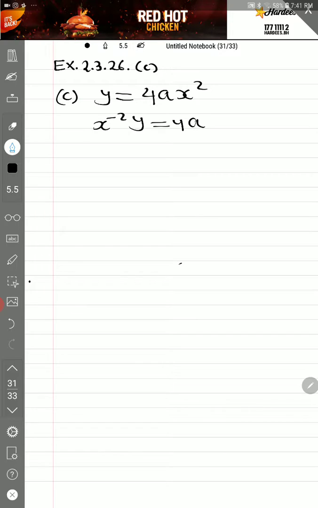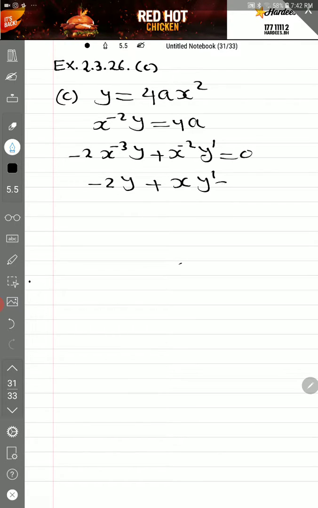Now if you differentiate, you eliminate A. This is the reason why I divide by x squared. Differentiate with respect to x. y prime will be here, and this is 0. Multiply by x cube. So it will be minus 2y plus x y prime equal to 0.